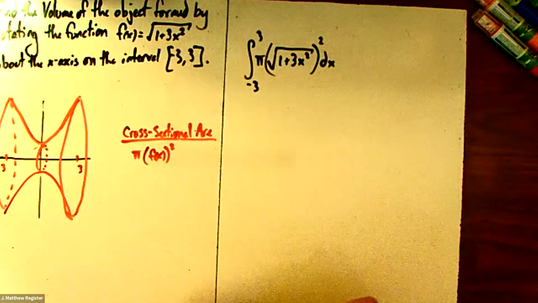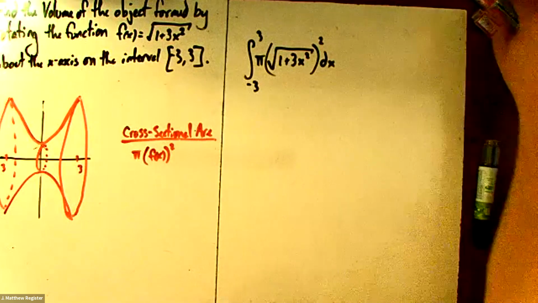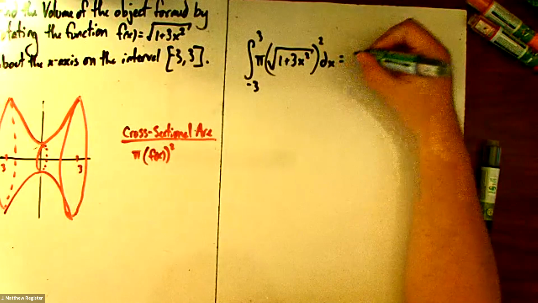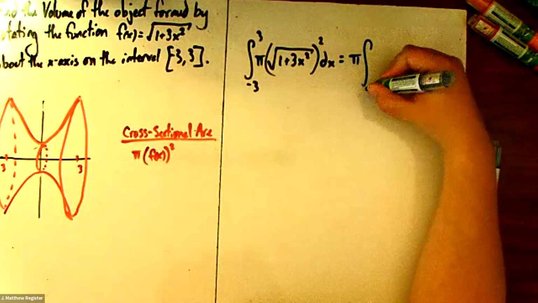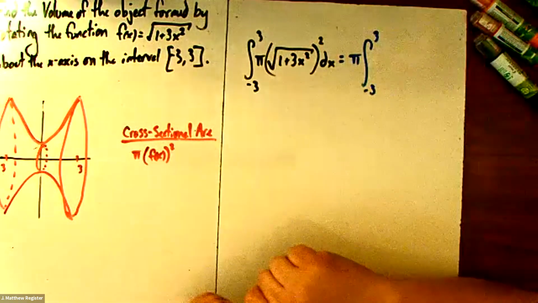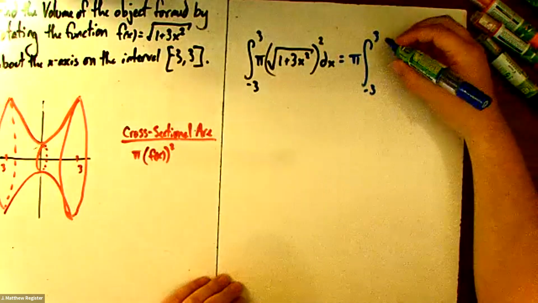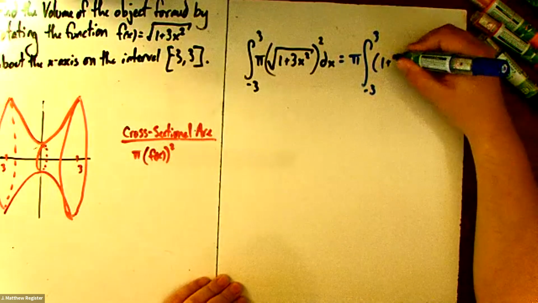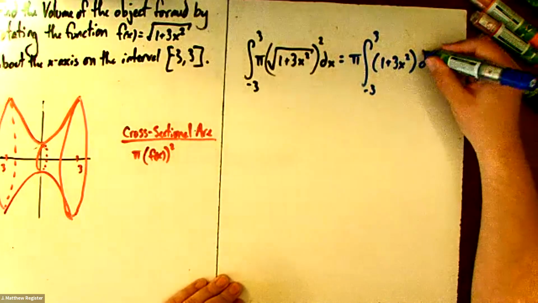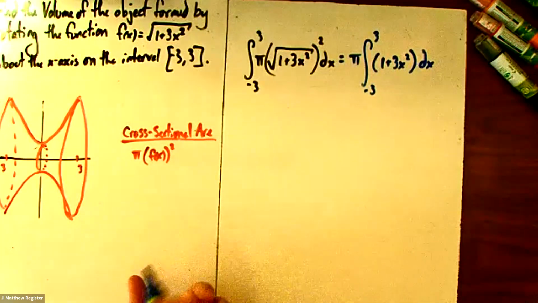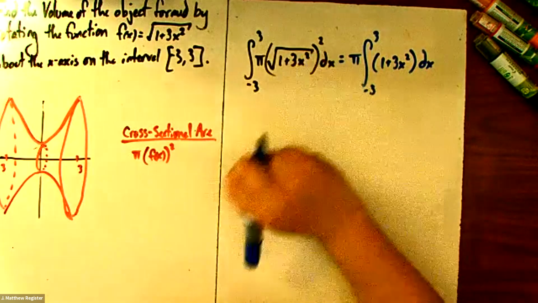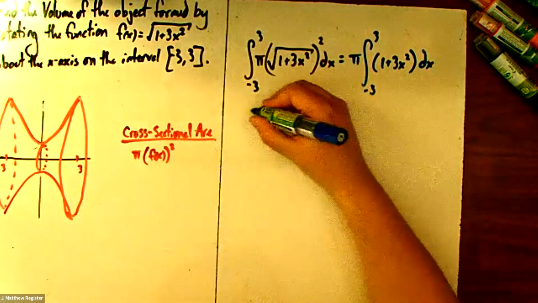And so if we wanted to do this, we could factor the pi out. We don't have to if we don't want to, but it might make it a little nicer looking. But this will be pi, the integral from -3 to +3, and then it will be just 1 plus 3x squared, because the square root and the squared cancel each other out. Technically, it gives you an absolute value, but we don't have to worry about that. Actually, it would if it had been the other way around. Regardless, it doesn't matter for this situation.